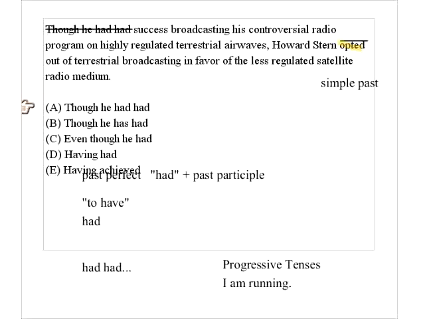But we definitely need the though, because the whole point we're trying to make is that even though he had success. D is not a fragment, actually, because basically having had success, Howard Stern opted out. So in other words, what we would have is a participial phrase, a modifier, modifying Howard Stern, which is totally correct. It comes right after the comma, which is what we want, right? So that should be fine from that perspective, but we definitely need the though for the meaning to work here.